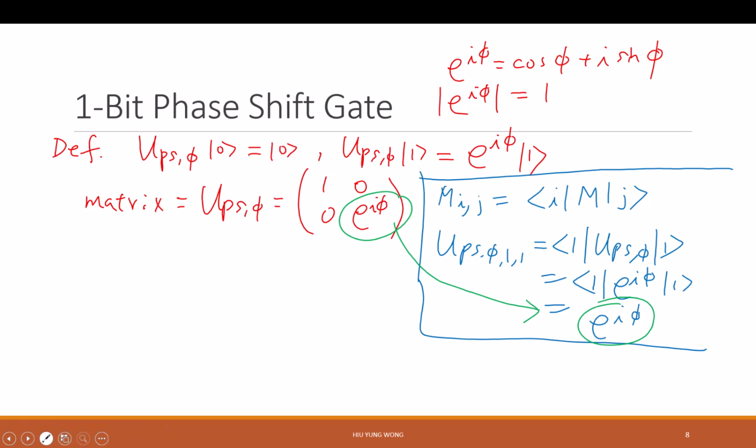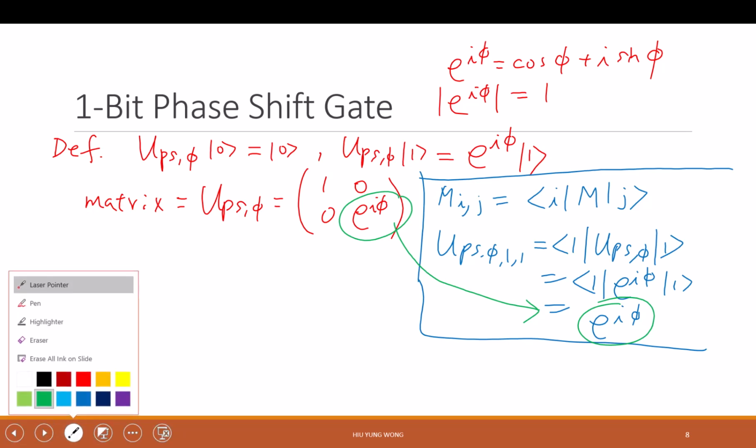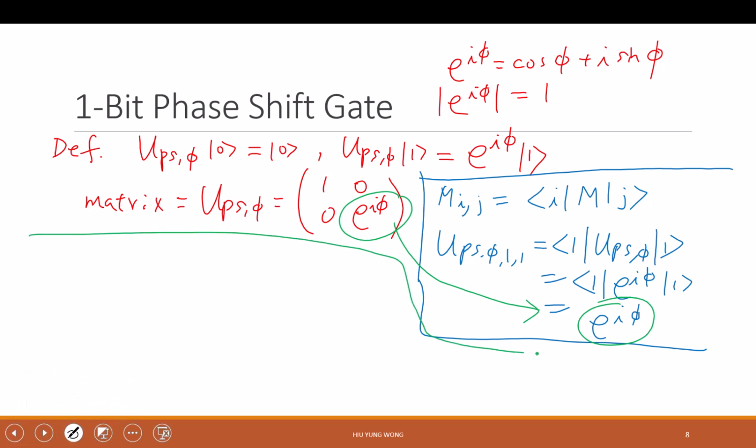Okay, this is good. Now, with this, let's look at some special cases. If phi equals pi, what is this matrix? First of all, what is e to the power i pi? It is equal to cosine pi plus i sine pi.